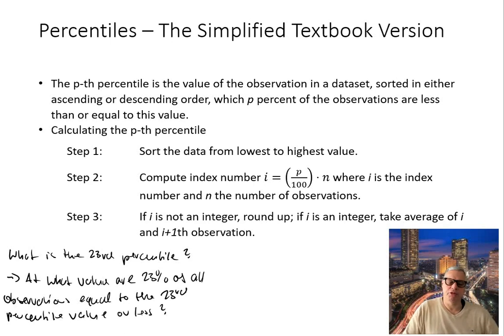So what is the 23rd percentile, for example? At what value are 23% of all observations equal to the 23rd percentile or less.